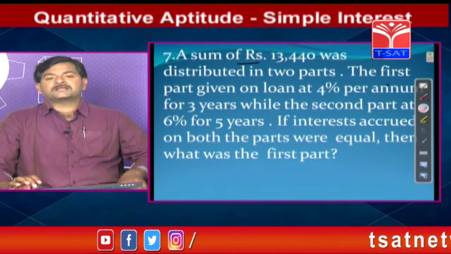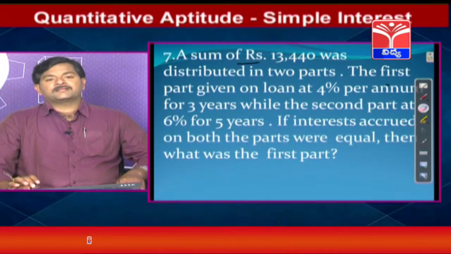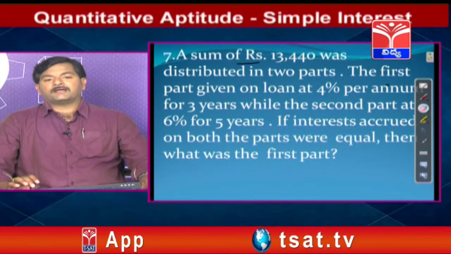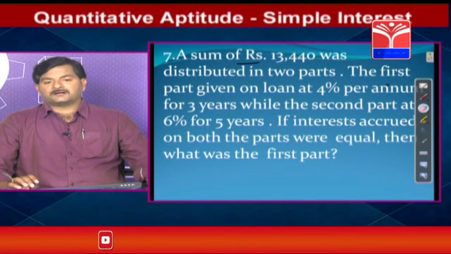So what is the question? A sum of rupees 13,440 was distributed in 2 parts. The first part was given on loan at 4% per annum for 3 years, while the second part at 6% per annum for 5 years.